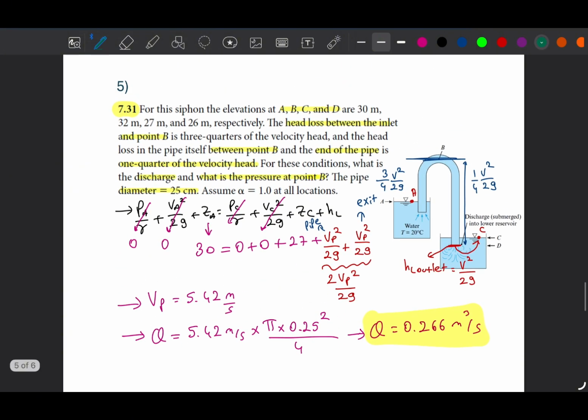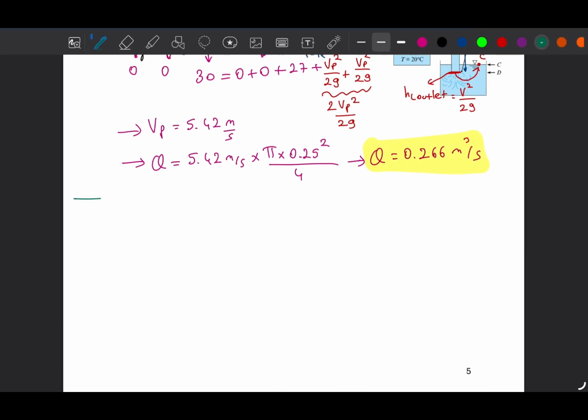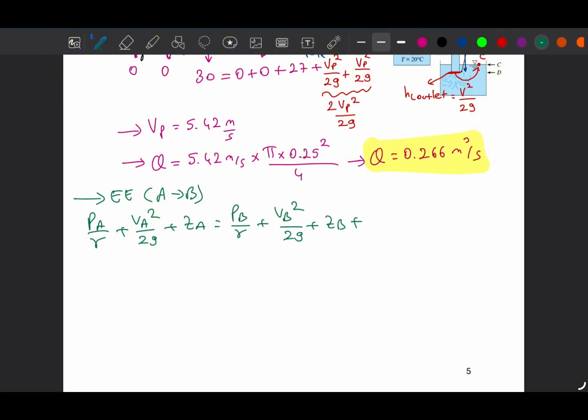And the second question is finding the pressure at point B, so that we can actually write an energy equation between A and B. So let me write the energy equation A and B. So we have PA over gamma, and the head loss.